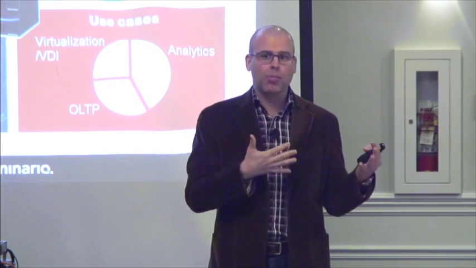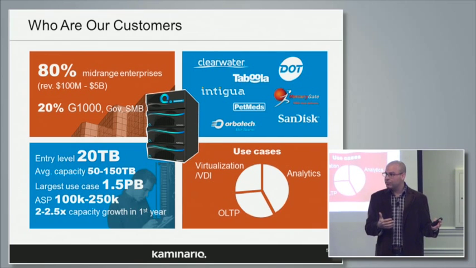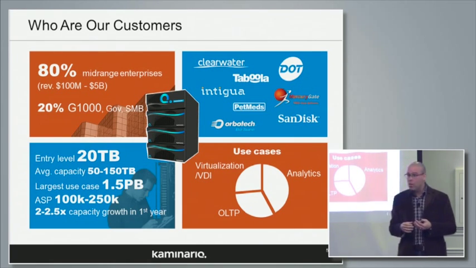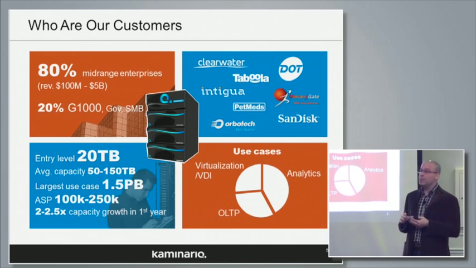And what we're going to show you is that we've built a product that fits really well into the mid-range market. A few words about our install base. Our entry point starts at 20 terabytes. Our average first installation is 50 to 150 terabytes. Our largest use case is 1.5 petabytes. And the ASP is between 100 and 250 thousand.